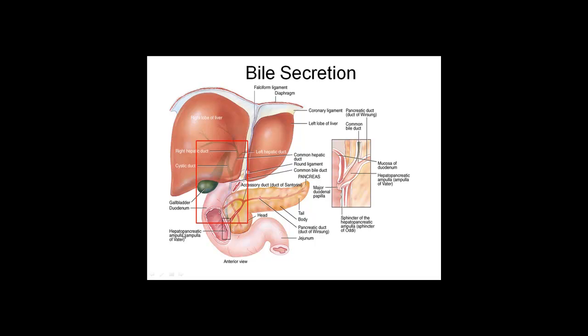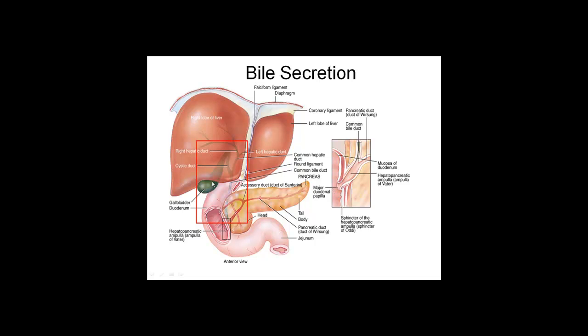Hepato would refer to the liver, and pancreatic to the pancreas. So they both come out the same opening. They kind of join forces right there, and up on the right I've shown you the common bile duct and then the pancreatic duct joining and being secreted right into the duodenum.